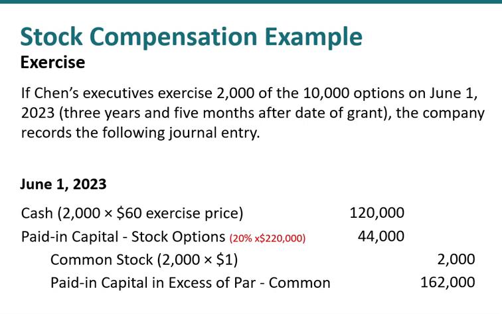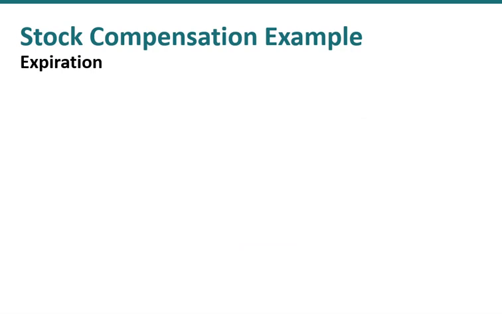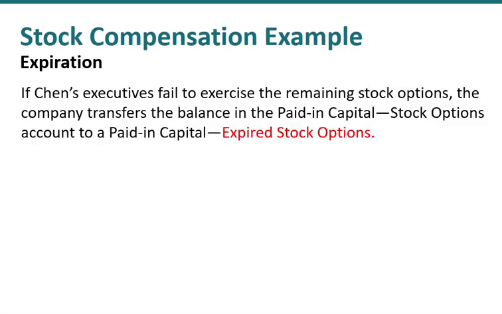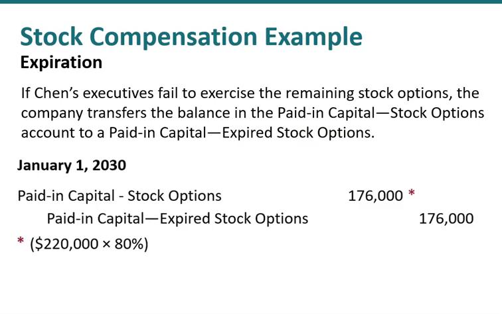Now, sometimes the options aren't exercised and they expire worthless. Again, options give you the right, but they don't require you to purchase the shares. Let's look and see what happens from an accounting perspective. If the executives failed to exercise the remaining 8,000 options, accountants basically engage in some busy work and transfer the capital from paid-in capital stock options to paid-in capital expired stock options.